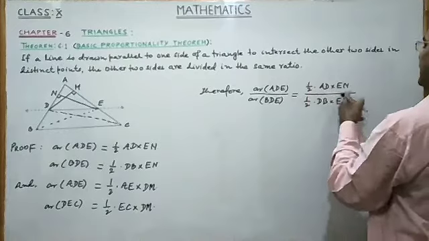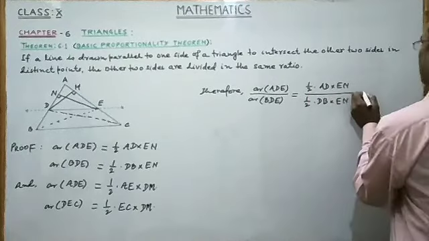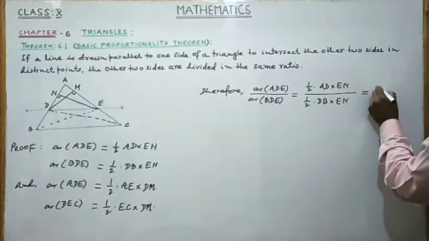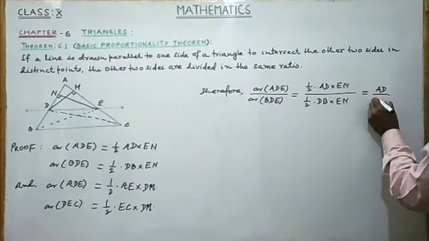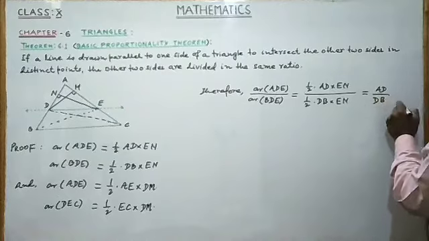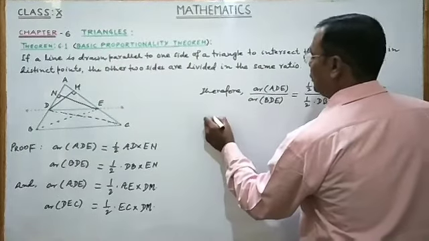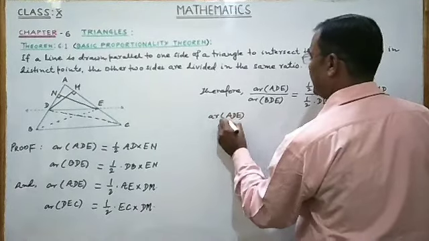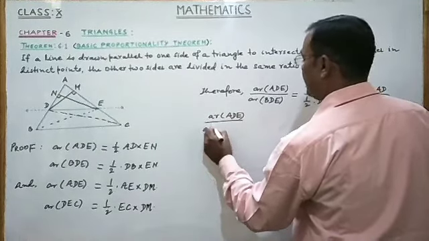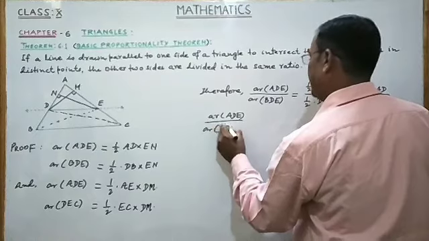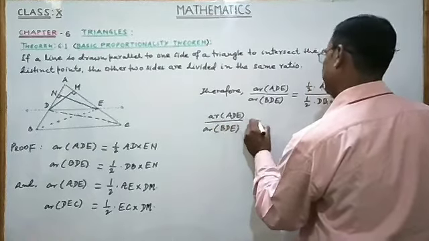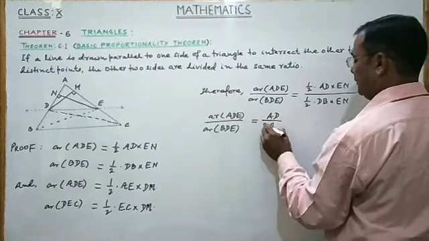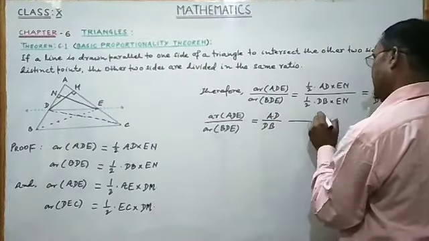Half cancel, EN cancel. So this is equal to AD by DB. So area of triangle ADE by area of triangle BDE equal to AD by DB. Let it be number 1.